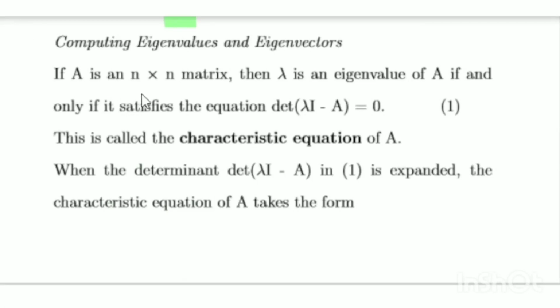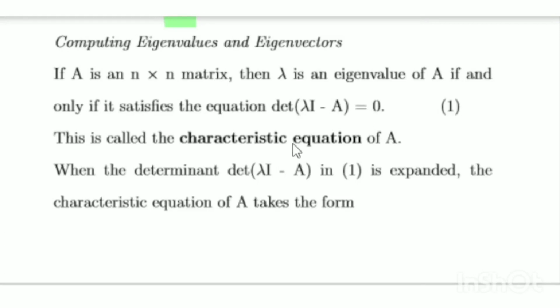If A is an n by n matrix, then lambda is an eigenvalue of A if and only if it satisfies the equation determinant of lambda I minus A equal to 0. Here I is the identity matrix, and we have to find these lambda values, which give you the eigenvalues. So the characteristic equation of A is determinant of lambda I minus A equal to 0.